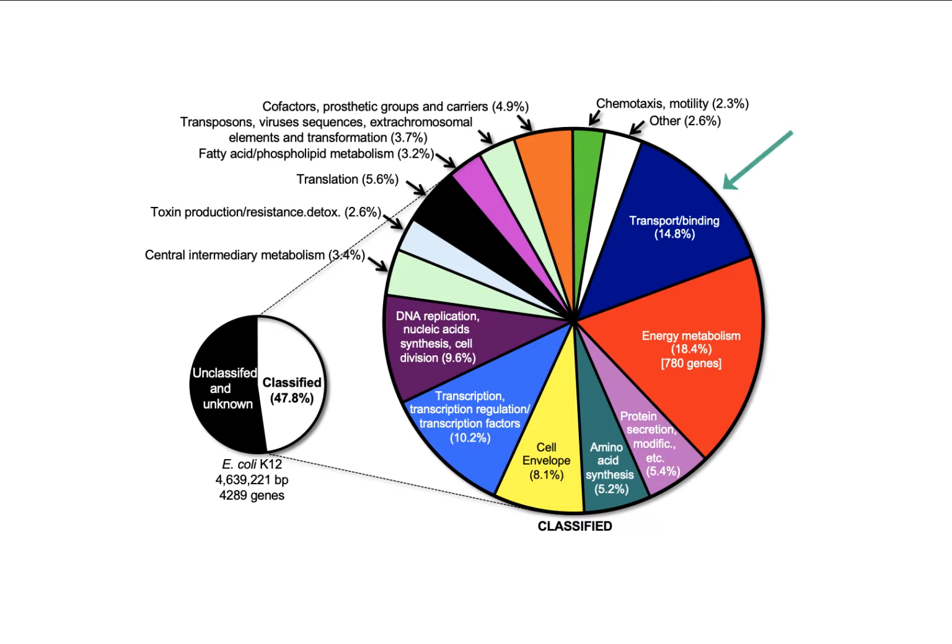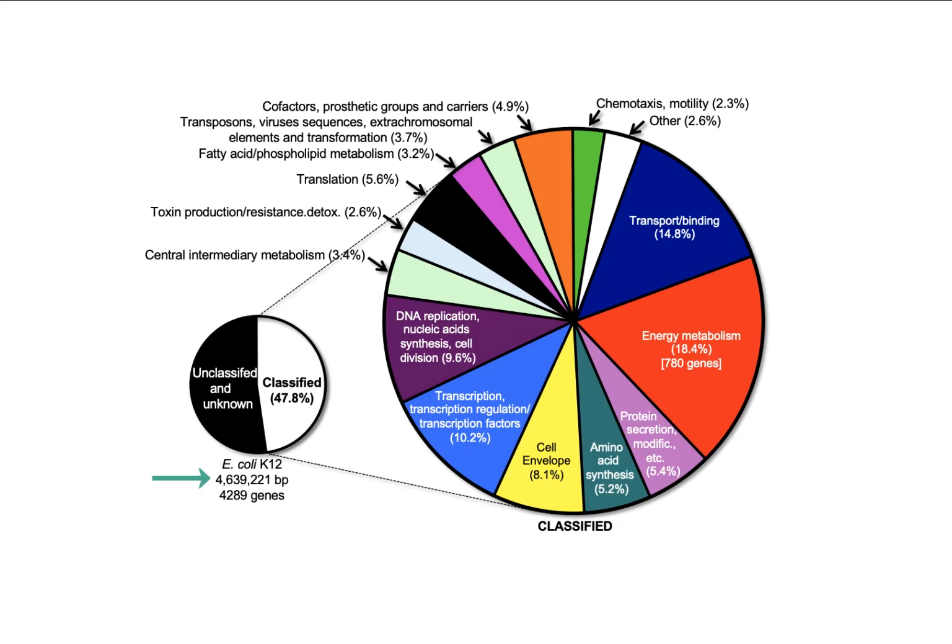There's also 14.8% in transport and binding, that is, moving things around in that cell to where they're needed. So this is a fairly complex cell, E. coli. And then other functions such as toxin production and others. So this is E. coli, a microscopic organism of some complexity, and you can see how complex it really is.